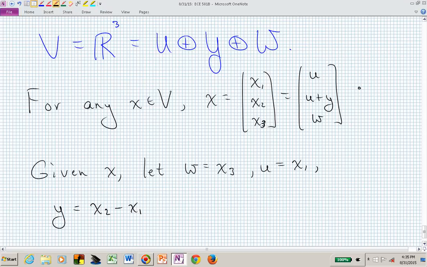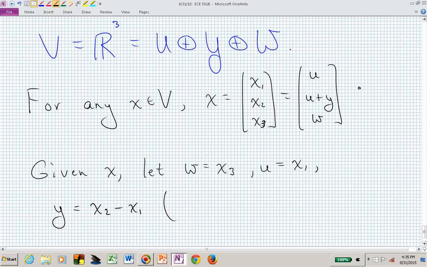Again, we were given X1, X2, and X3. We now want to find a unique combination of vectors in U, Y, and W such that we end up with the X that we wanted to represent.